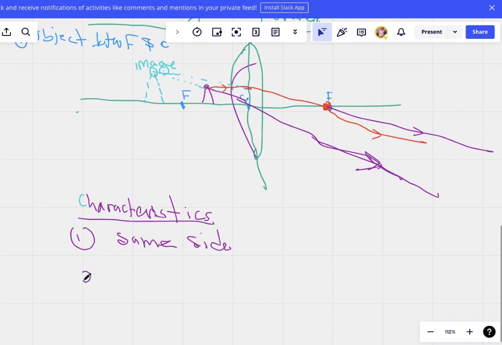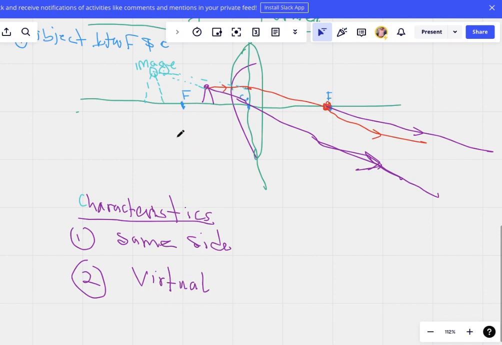Number two is that the image is a virtual image. So we write the word virtual. Virtual means it's not real, you can't see it. That's why we use broken lines. It cannot be formed on the screen.